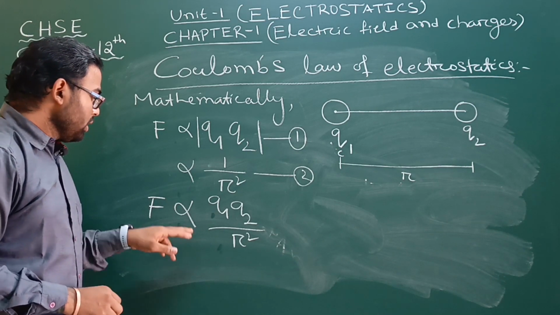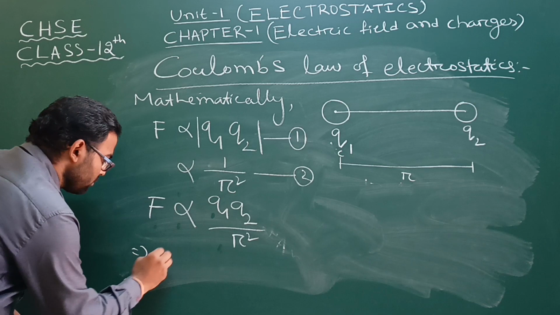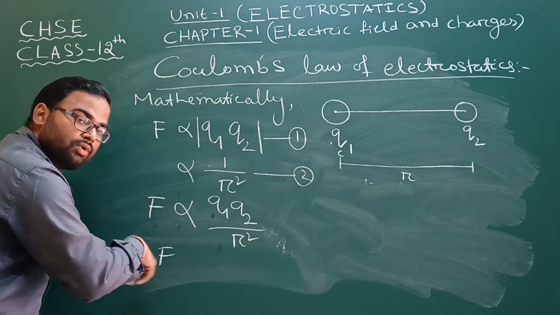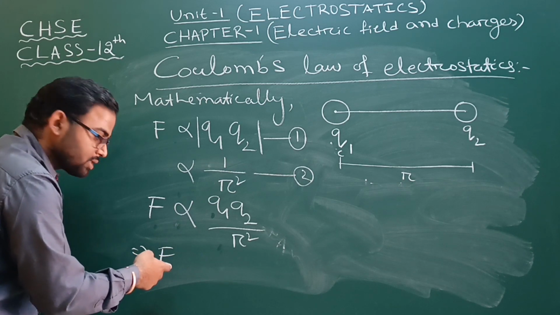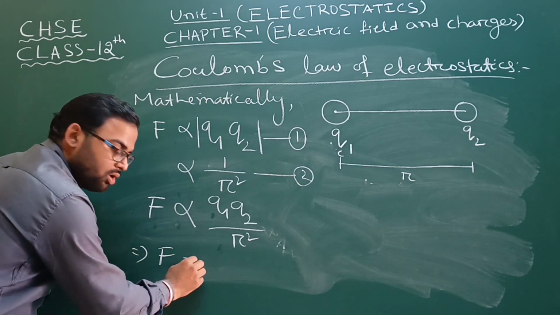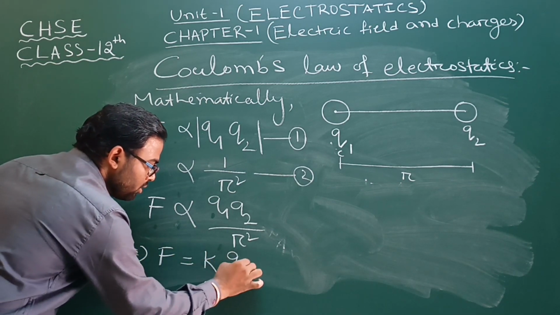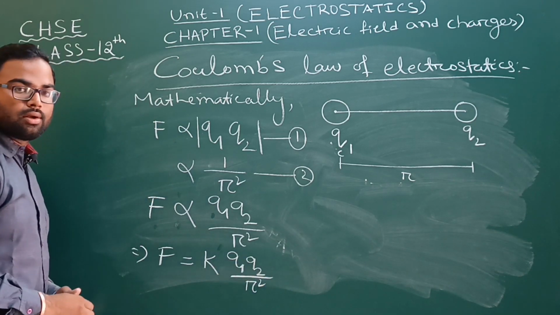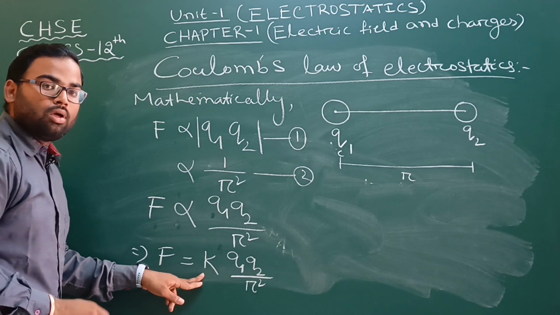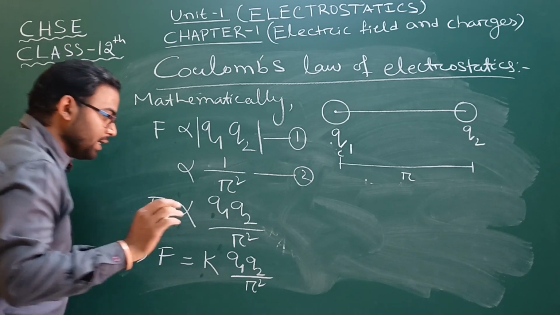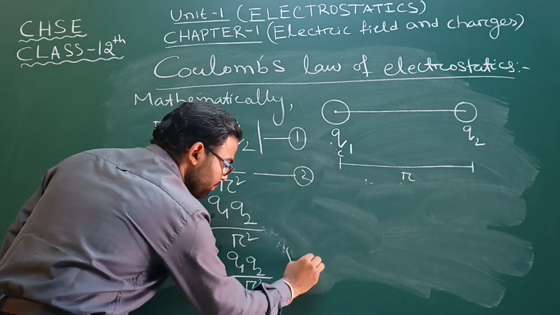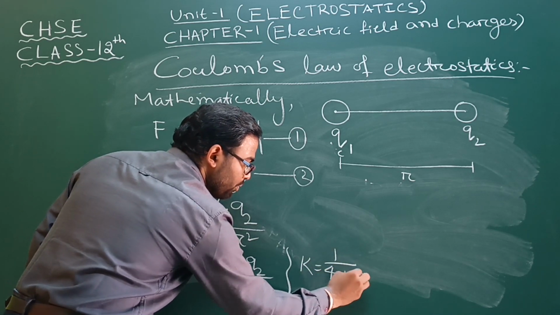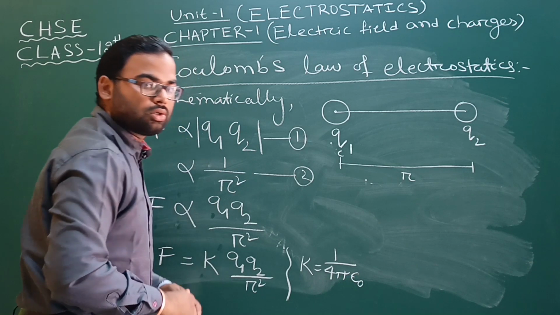We know that to remove this proportionality, we have to multiply a constant there. So F is equal to K q1 q2 by r square. Here K is called Coulomb's constant, and K is equal to 1 by 4 pi epsilon naught.